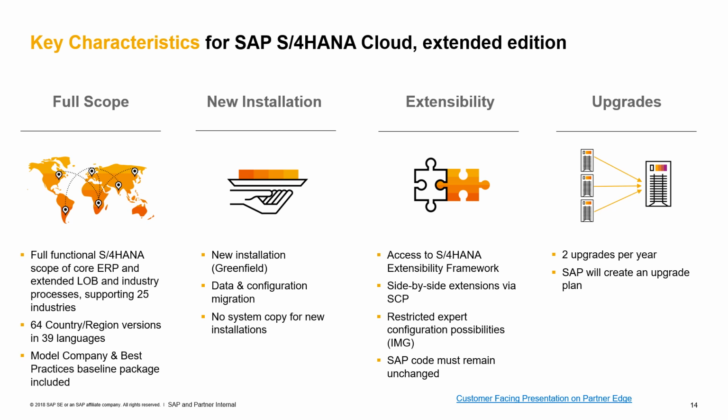There is an extensibility guide posted to Partner Edge. Please have a look at the extensibility guide as you consider extensions for your customer's deployment, and as you also look at your own partner extensions and add-ons. I'll provide the link here, and you can just click and go to that page.